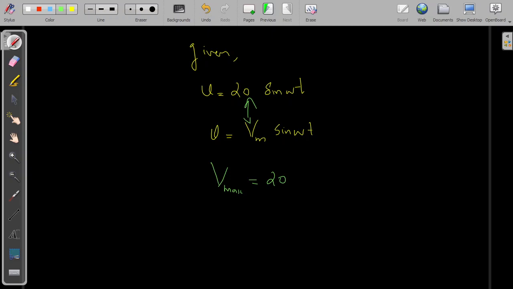The first question is, at what angle will the instantaneous value of voltage be 10 volt? Given that the instantaneous value of voltage is 10 volt, so small v is 10, and that is equal to 20 sine omega t.